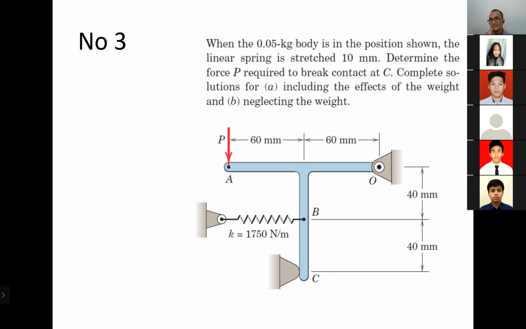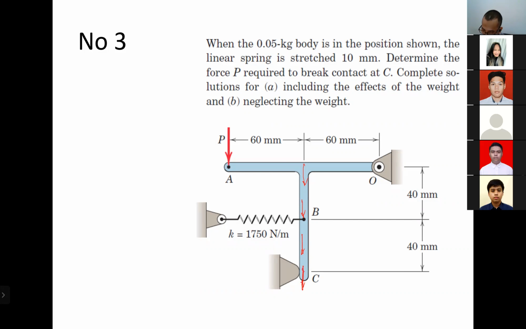It's up to you guys. You can put it here, or at the center of gravity. You can put it anywhere you want. You don't have to be arguing here, okay? It's supposed to be okay anywhere.